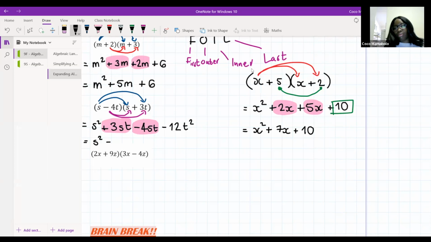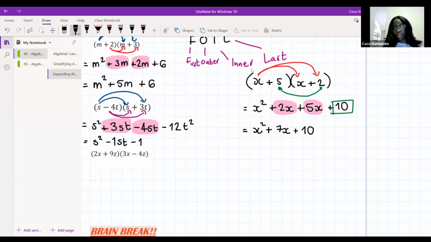Not 1. Start at 3 and minus 4: 2, 1, 0, negative 1. What's going to happen? It's going to be negative 1st. Yes, that's it. Negative 1st. Beautiful. And then minus 12t squared.